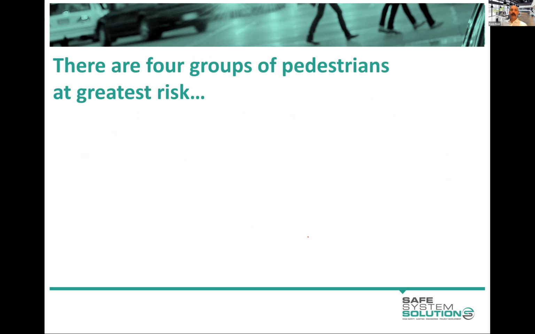Okay, there are 4 groups or categories of pedestrians at greatest risk. So let's see what you come up with. Pop them into the chat as you think of them. Okay, types of pedestrians.